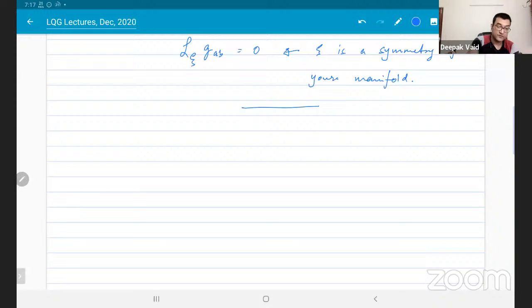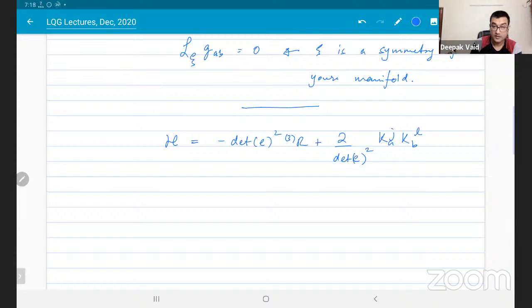So the Hamiltonian becomes, again let me write it down, minus det E square times 3R, plus 2 by again det E squared, and then something like K^A_J K^B_L E^J E^L with AB antisymmetry.